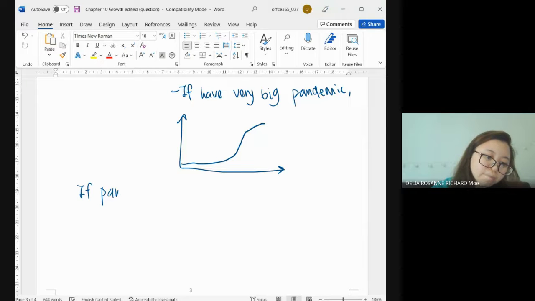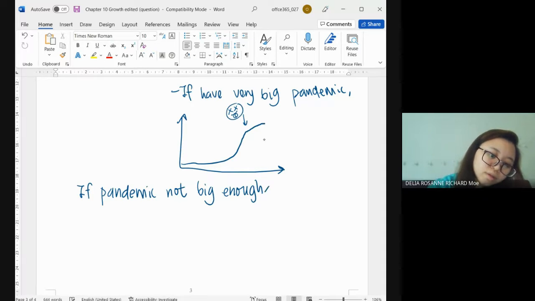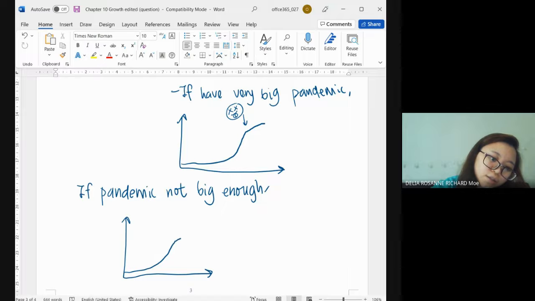if pandemic not big enough, then your curve akan mula begini, naik, turun sikit, naik balik. So this is small pandemic.